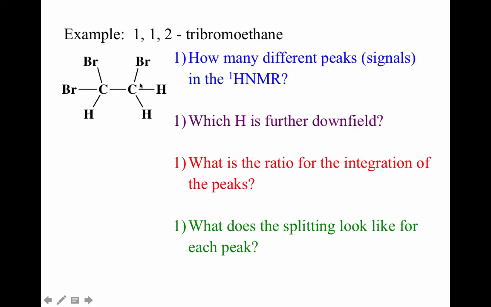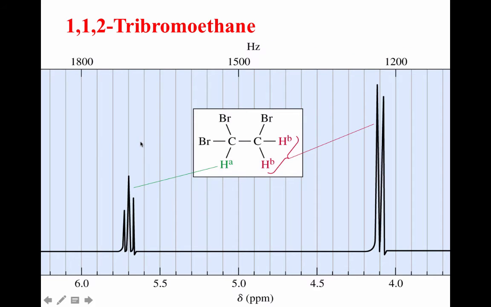This hydrogen has these 2 protons within 3 bonds, so this signal is going to be broken into a triplet. Here is what's meant by a doublet. You can see this one peak split into two, and then here's the triplet caused by these two neighboring hydrogens.